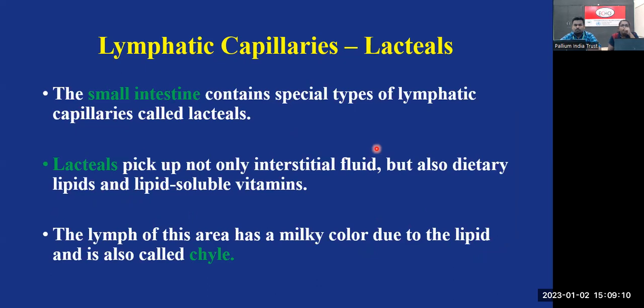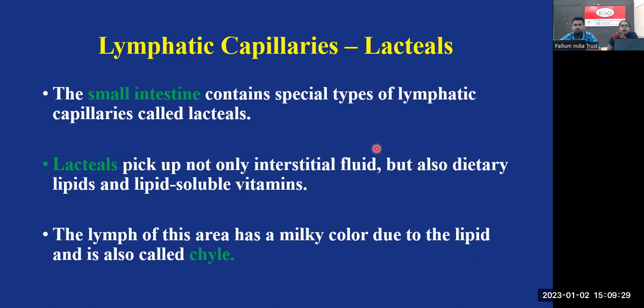And next one is lacteal. So the second function of the lymphatic system is to transport dietary lipids. Here, in our small intestine, there are a lot of lymphatic capillaries.